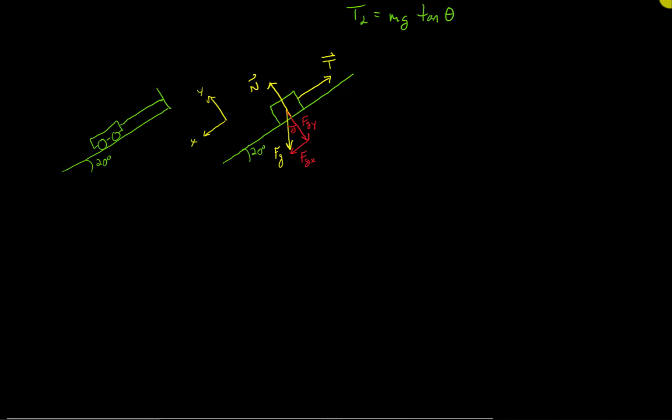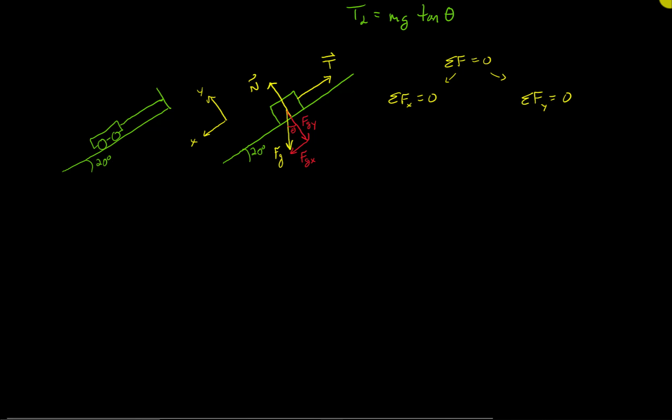But now we can solve this thing. So since it's not moving, we know the net force is equal to 0. And since we're having to deal with components, we have to break this up into x and y. So we know the net force in the x direction is 0. And the net force in the y direction is also 0. So in the x direction, in this direction, we have tension. I'm calling down positive. So we have tension, and then we have this force of gravity down here.